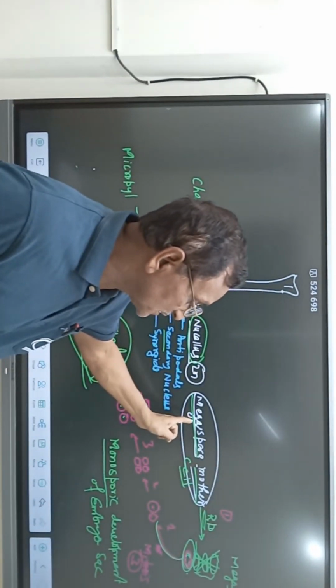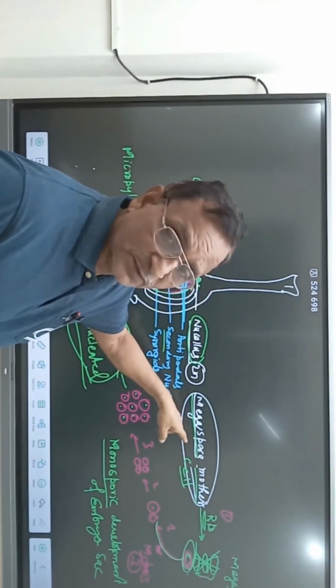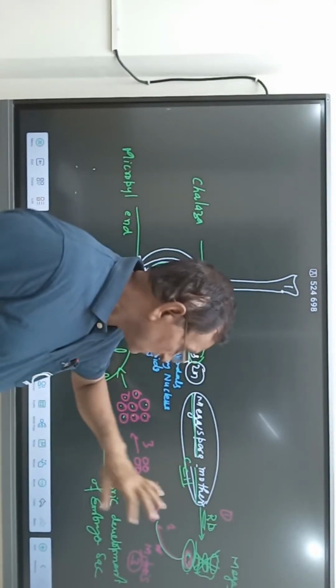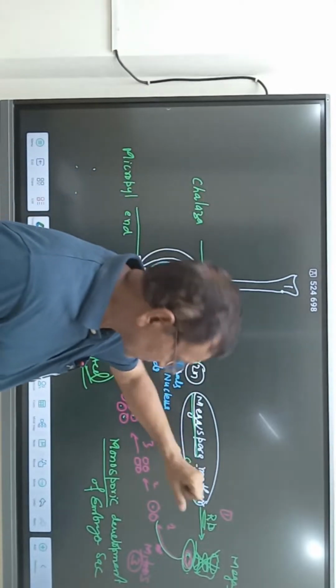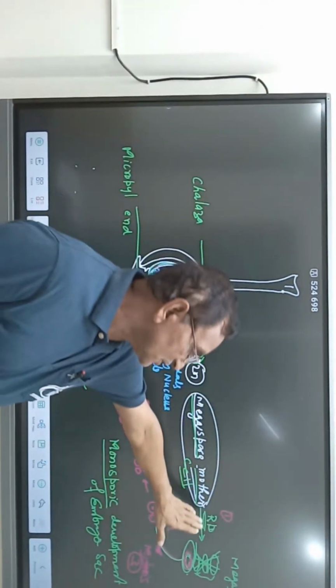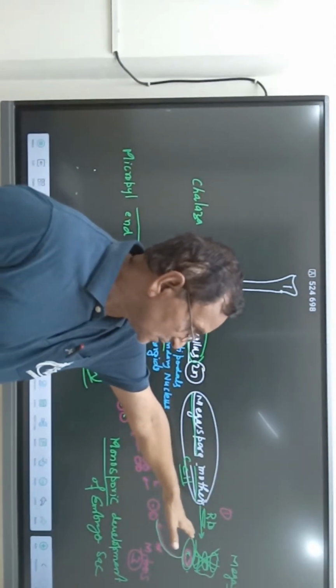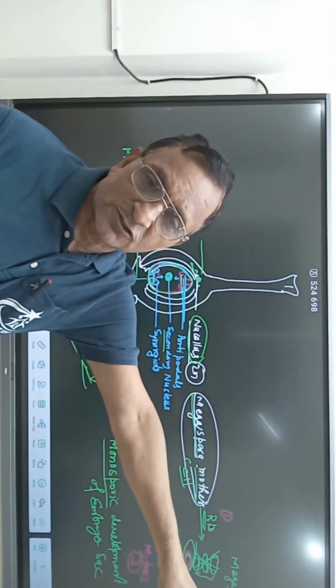Some of the nucellar cells behave like megaspore mother cells, also known as megaspore mother cells or meiocytes, which undergo reduction division to form linearly arranged 4 cells. Out of these 4 cells, 3 degenerate, unlike microsporogenesis.